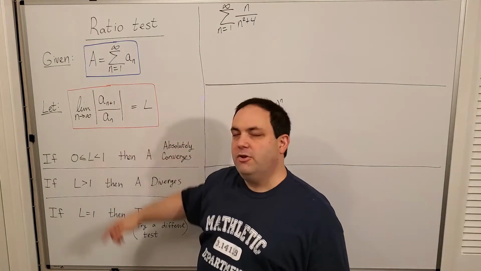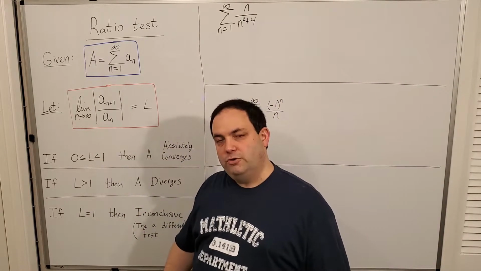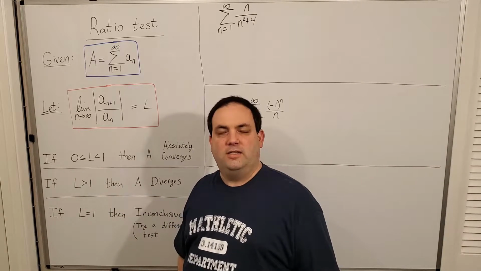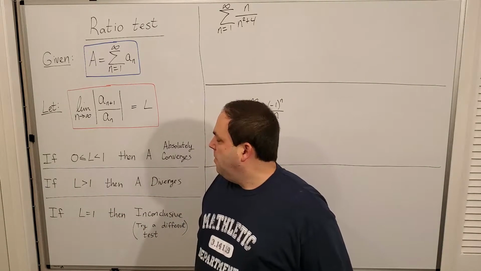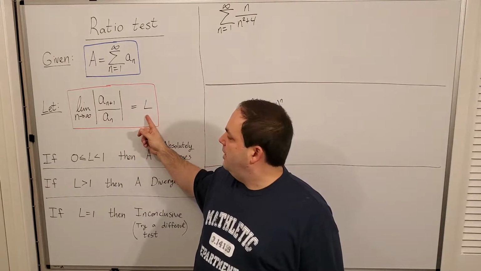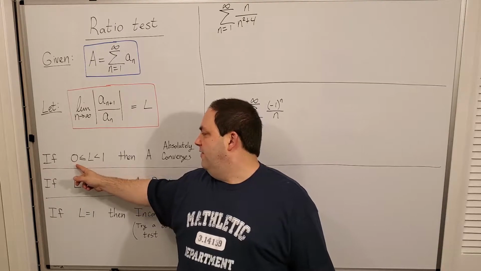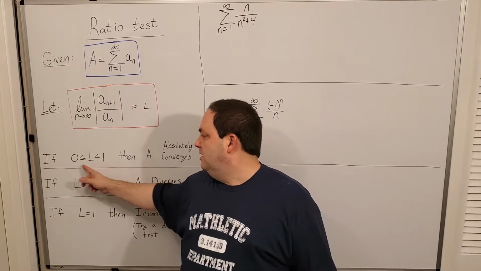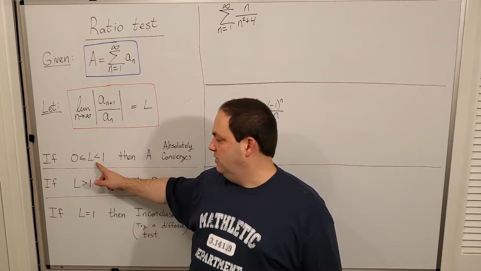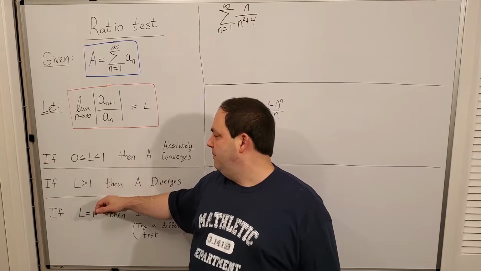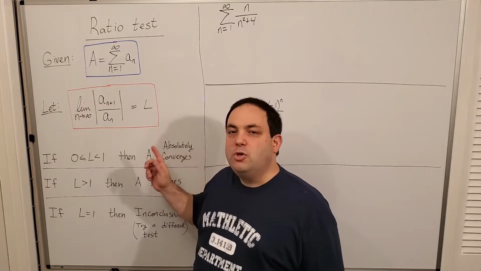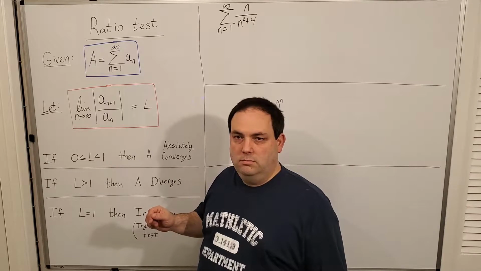The absolute value is so that we can show absolute convergence, and so that we can basically ignore a lot of the alternating series parts. So if I say that this limit is L, then if L is anywhere between 0 and 1, but not equal to 1, then your series A absolutely converges.